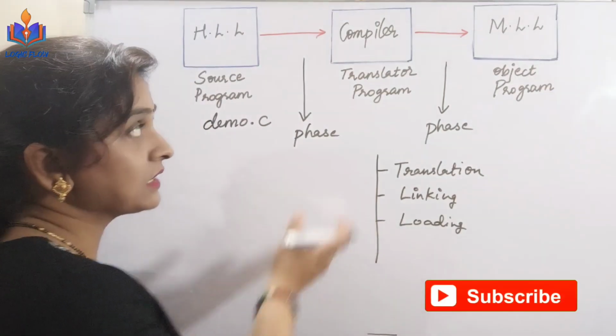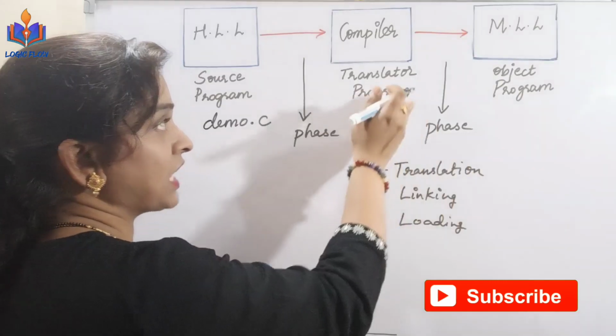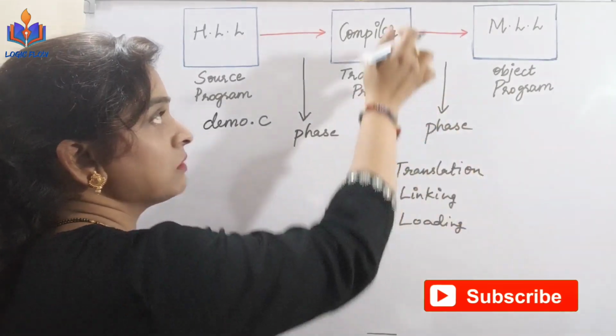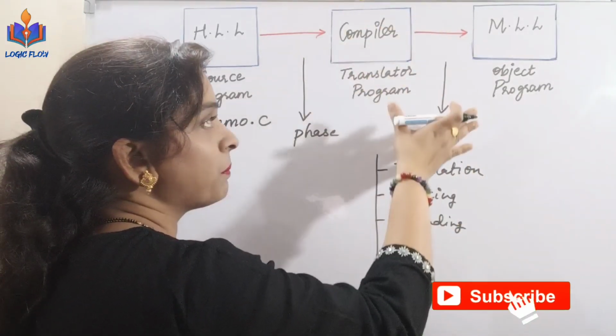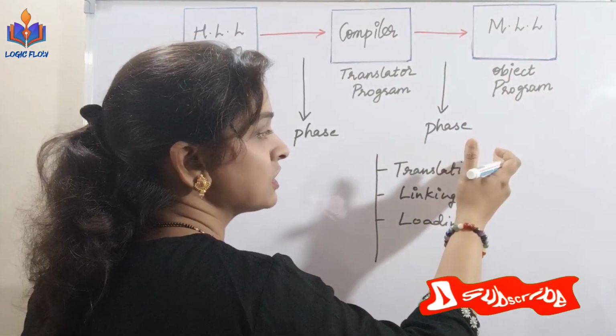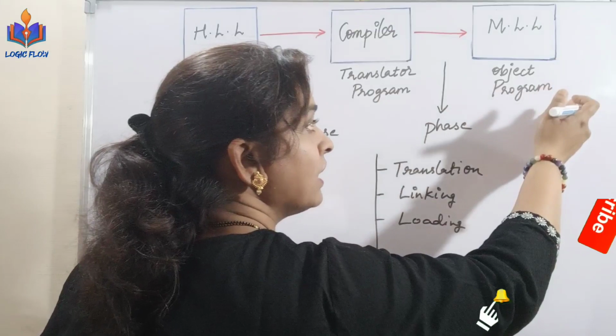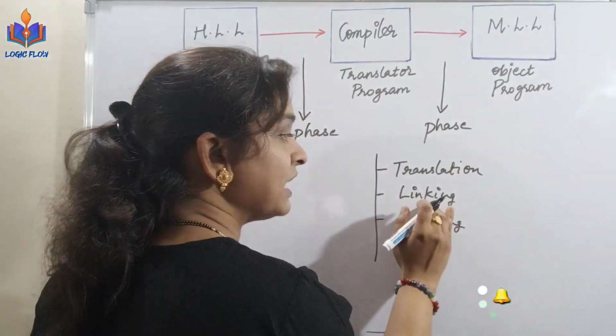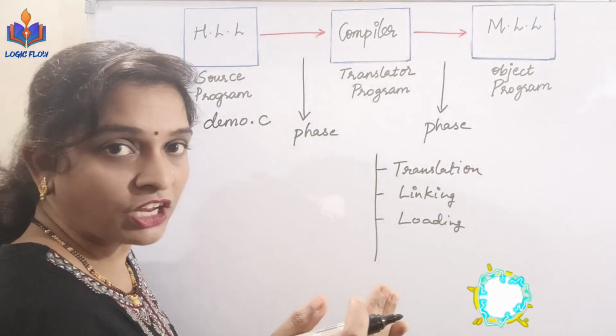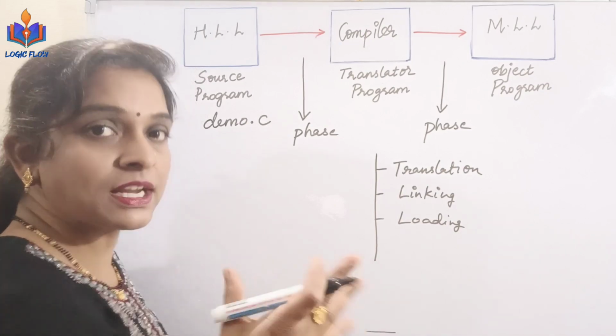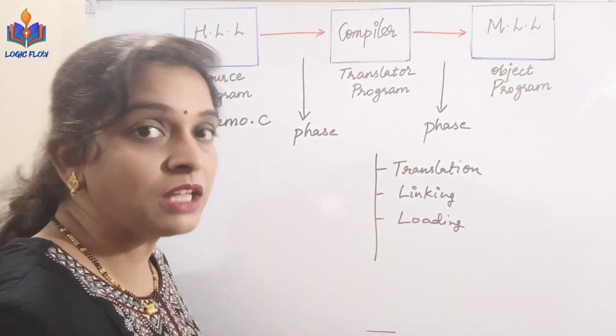Here I can say that in these stages, translation is done by the compiler, and this compiler has many other phases to get this object code, object program. That object code is linked to the various definitions of built-in functions. Or when it's a complete program, I will have many object codes.